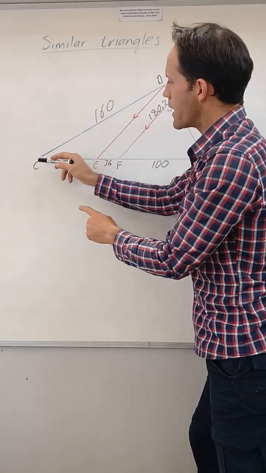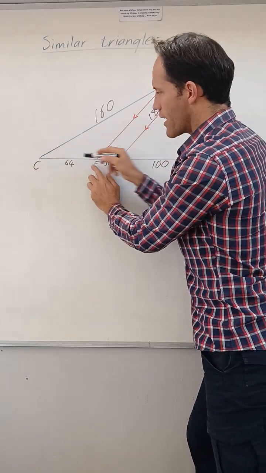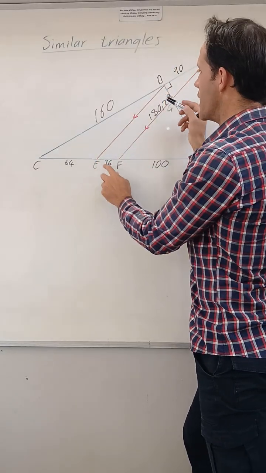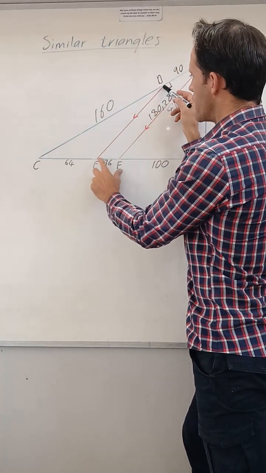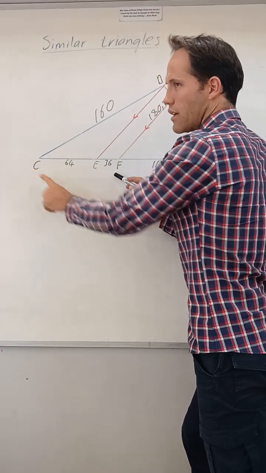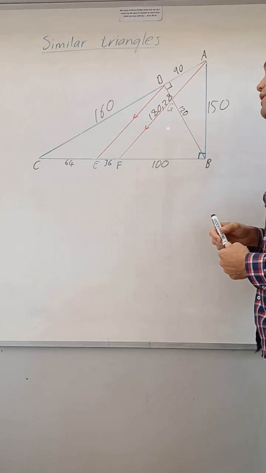Because if I can show that this triangle here is similar to this bigger triangle, then the smaller side over the bigger side must be equal to the smaller side over the bigger side. That's the important thing.